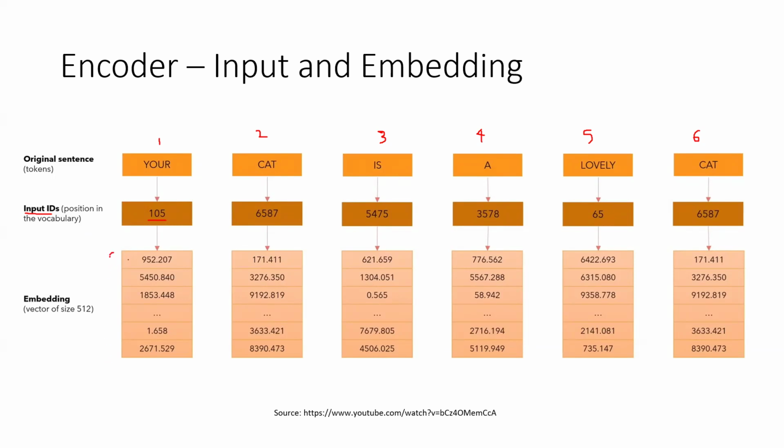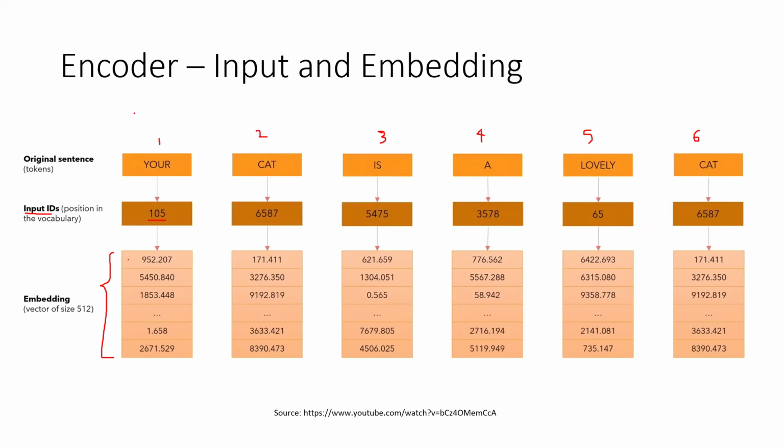So the embedding is a vector like this. If it is a subword embedding, subword encoding, it would not be a full word like this. It may be like U, R, or something like that. A full word like "your" may not be a token.